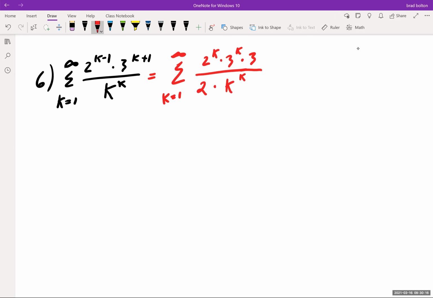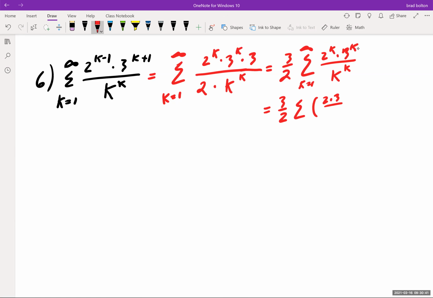So now I could rewrite this, and I could take the 3 and the 2 out. So this becomes 3/2 times 2 to the k times 3 to the k all over k to the k. Now that then becomes 2 times 3 over k all to the k.